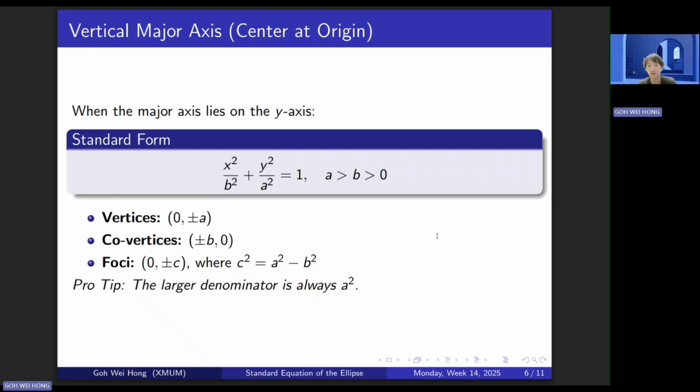Now, the vertices and foci are on the y-axis, so the vertices will become 0 and plus or minus a, and the foci will become 0 and plus or minus c. A good tip for your exam, always look for the bigger number at the bottom. It tells you if the ellipse is wide or tall.